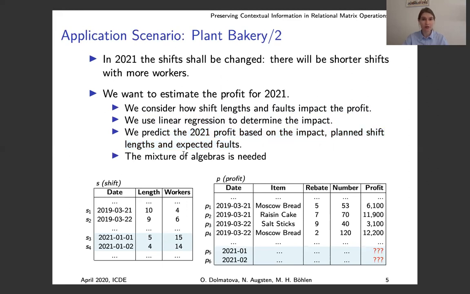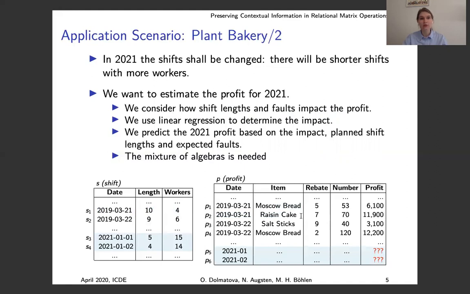Besides linear regression that requires matrix operations, relational operations are also needed to perform, first of all, data preparation and aggregation, because the number of entries per day in relation S and P is different. So in S, it's 1 tuple per day, and in P, several tuples per day.